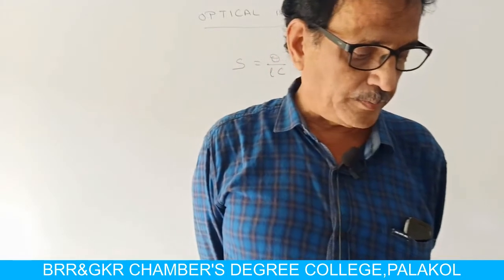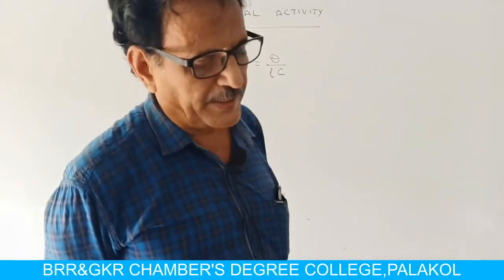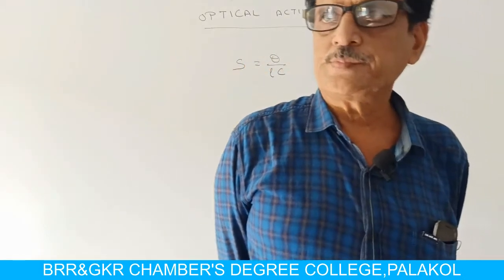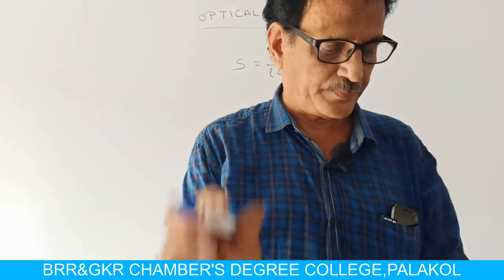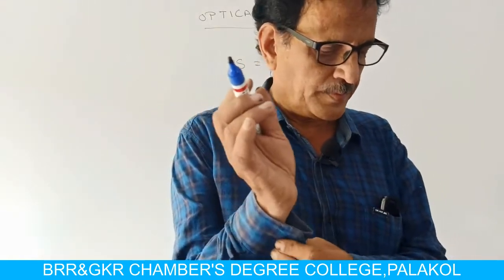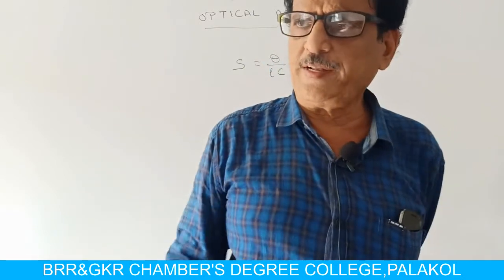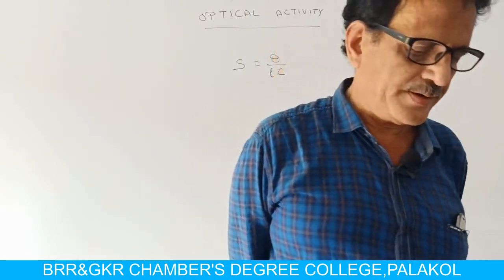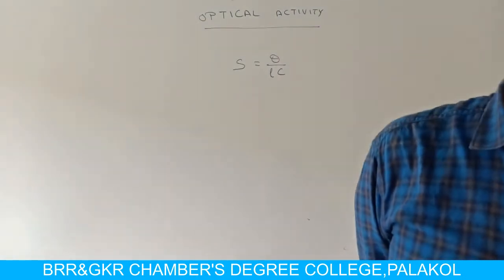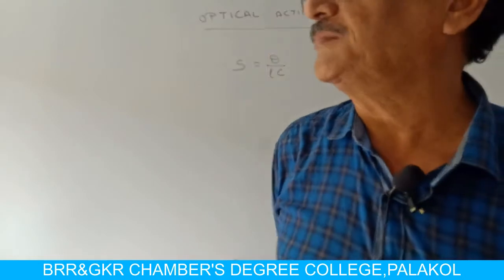Specific rotation of a substance at a particular temperature and for a particular wavelength of light is defined as the rotation produced by 1 decimeter length of the solution when the concentration is 1 gram per cc.